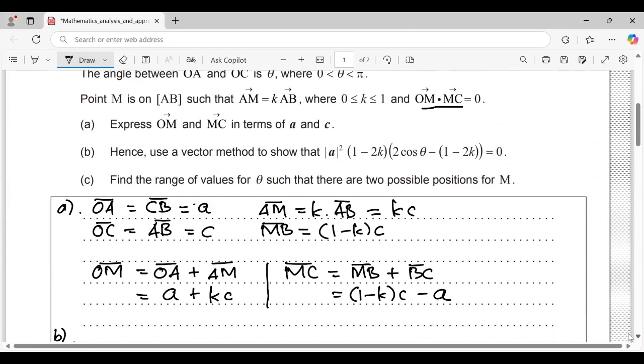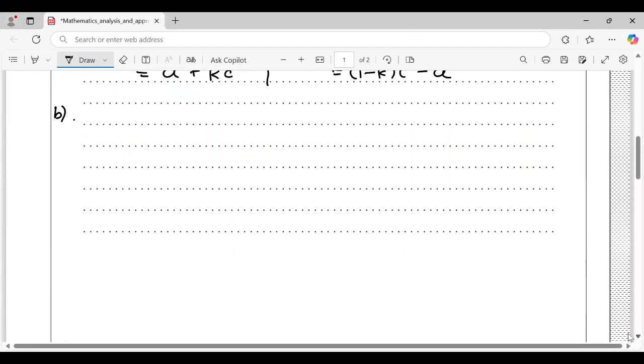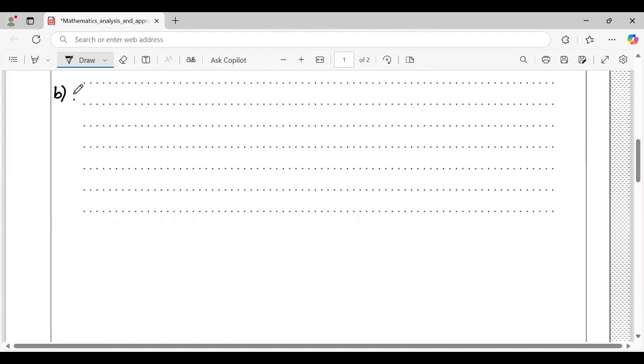OM dot MC is A plus KC dot, 1 minus KC minus A, equals 0, because according to the information, OM dot MC equals 0.